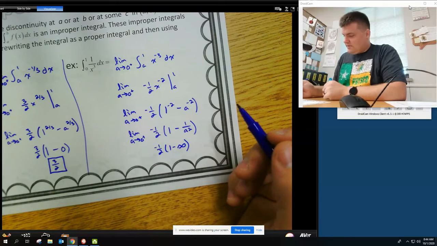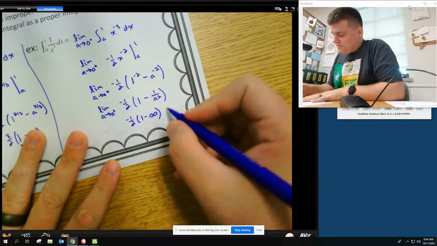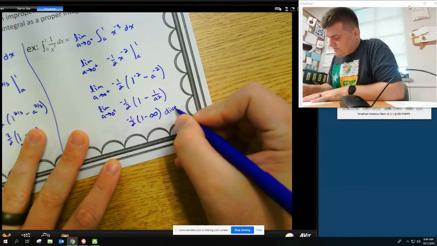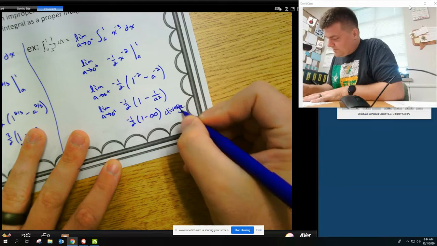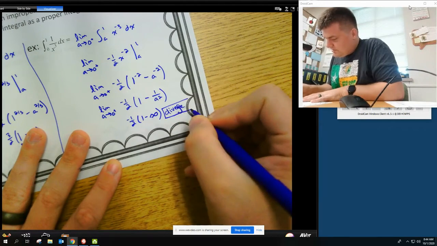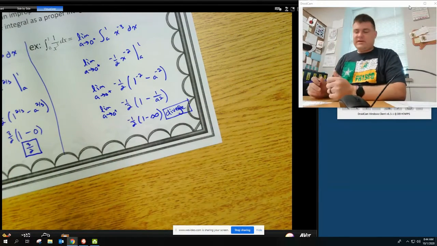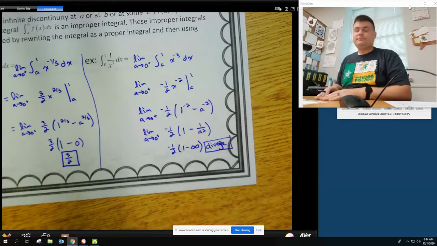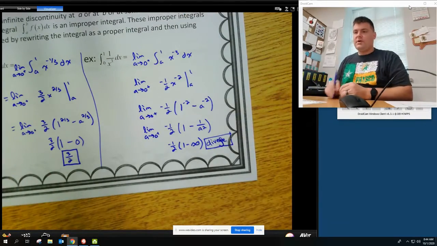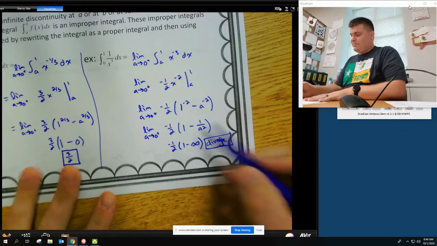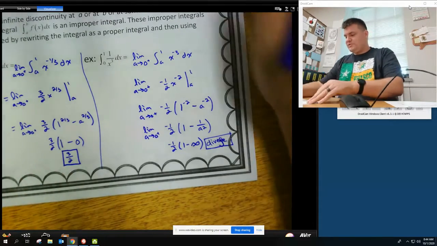Okay? So this is going to diverge. This problem right here is going to diverge for us. So just be careful on these. This is why it's important to follow all the way through using a limit notation because we couldn't plug in 0 here. So it was going to diverge.